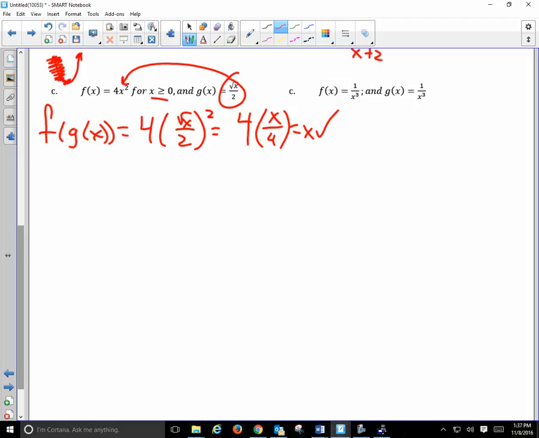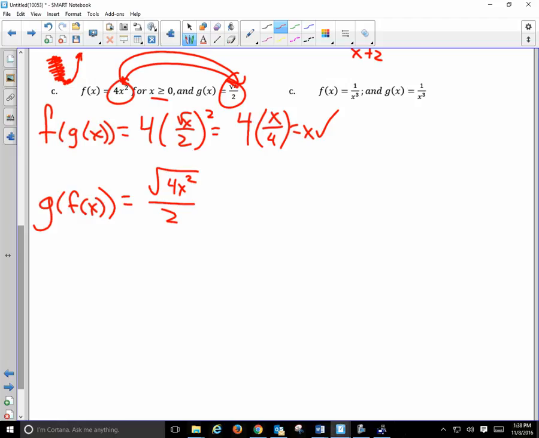Sweet. And we have to do it the other way. G of f of x. And take that, plug it in there. Square root of 4x squared over 2. So that one worked out.